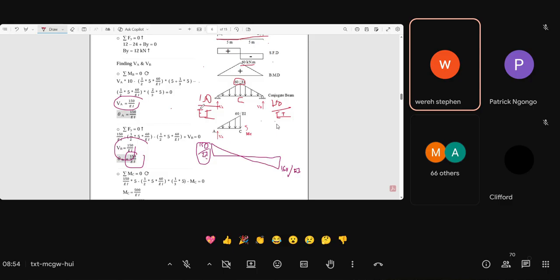When you look on your left, moment will be what? Moment will be VA times distance from A to C minus the total of this triangular load times the distance from the center of gravity of this triangular load to point C. Yeah?